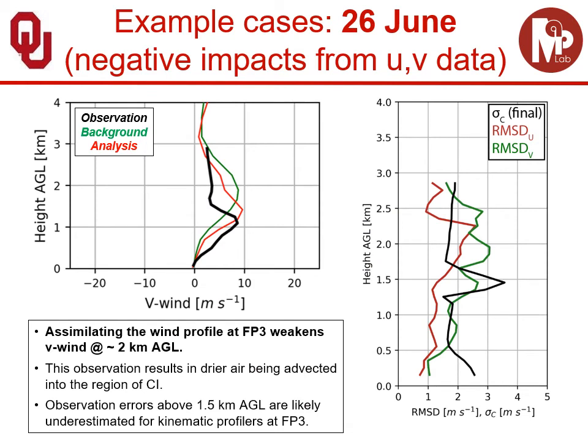So looking at the left plot, which is the example wind profile assimilated, just the V component, we can see that above 1.5 kilometers, our observation is indicating a much lower V wind compared to the background, and that ends up getting our analysis pulled to the left as well.